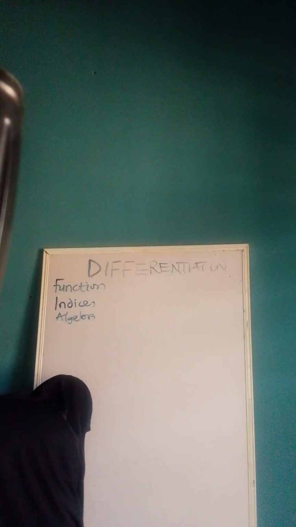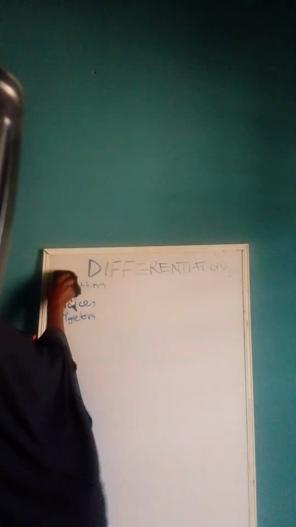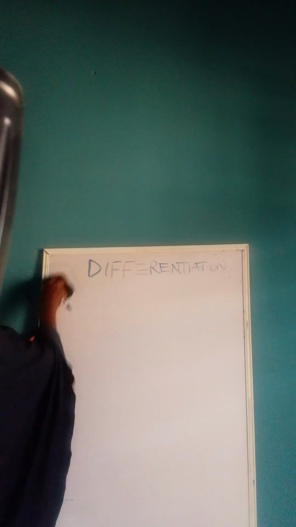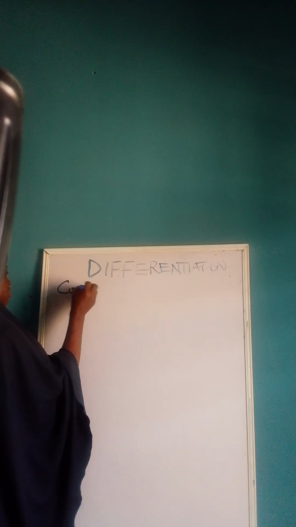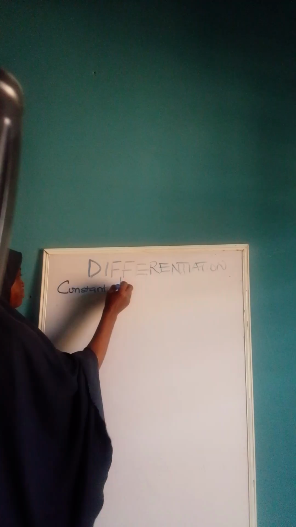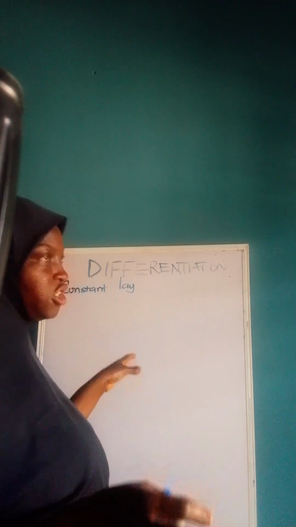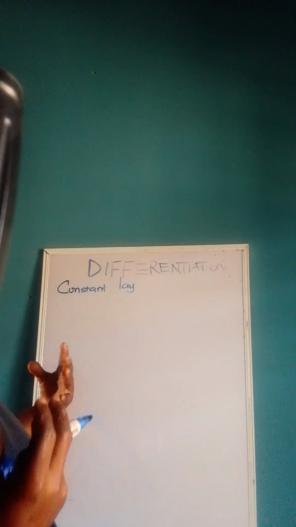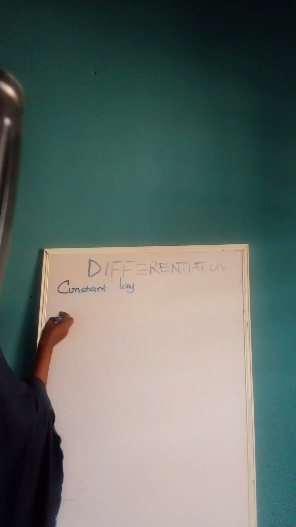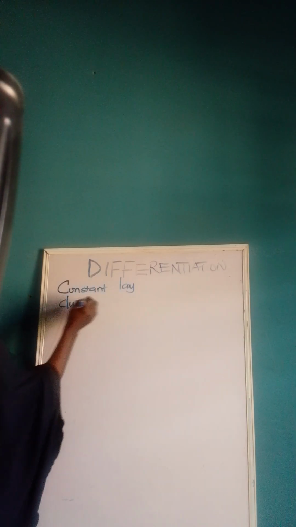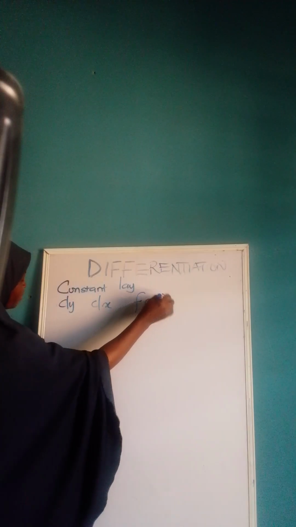So the number one law that we are going to discuss is the constant law. In differentiation, the notation that we normally use is y, x, and at times you can see f of x.